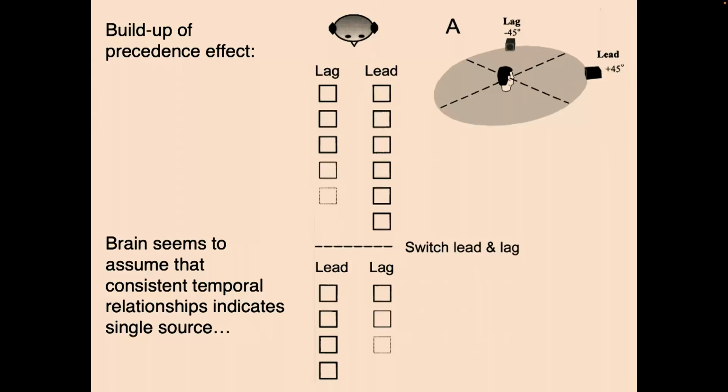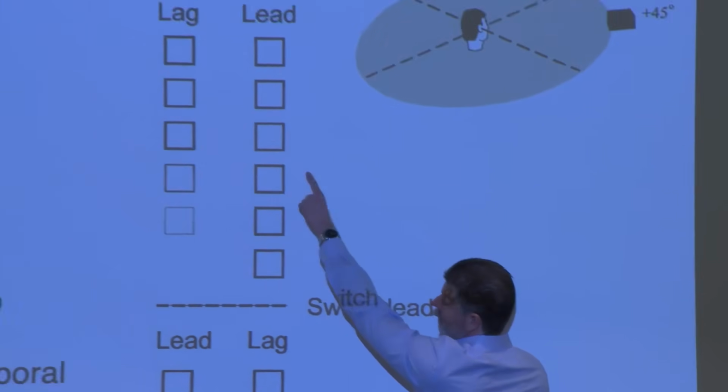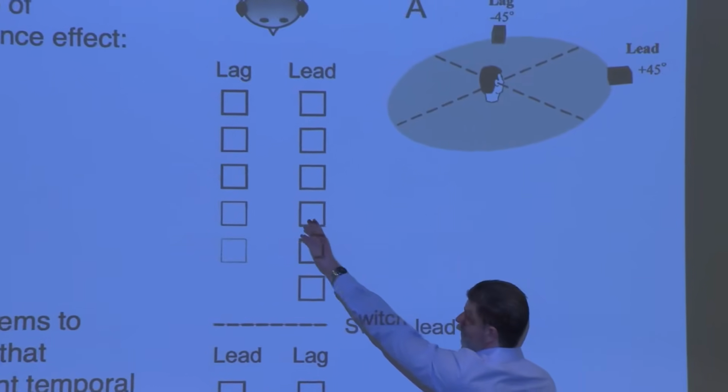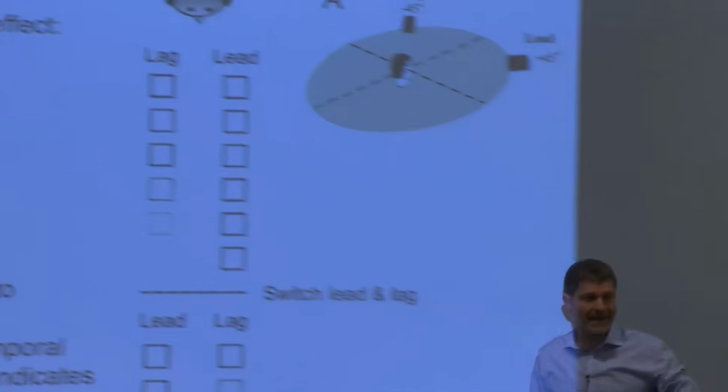So you repeatedly present the lead and then the lag, the lead and then the lag. Initially, this indicates that you're hearing both of them, and then over time you stop hearing the second click.